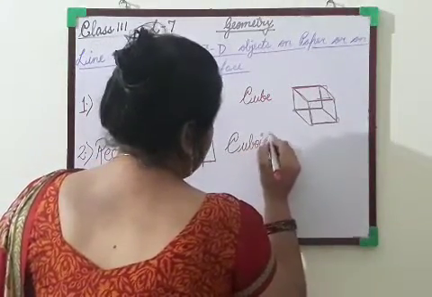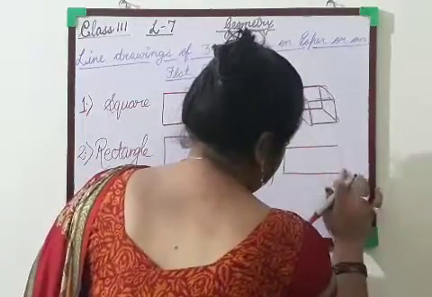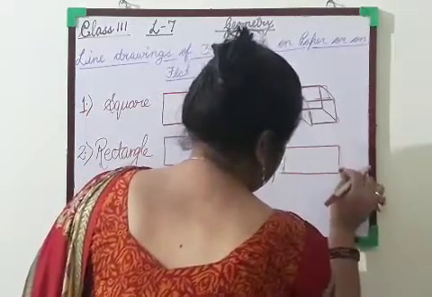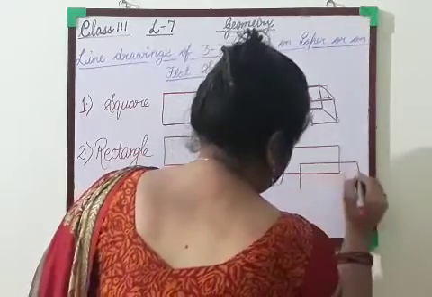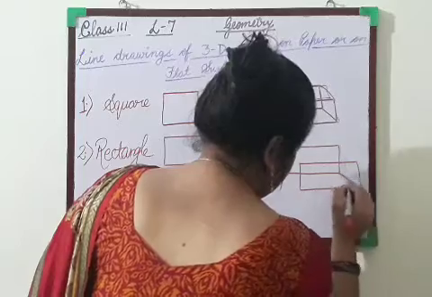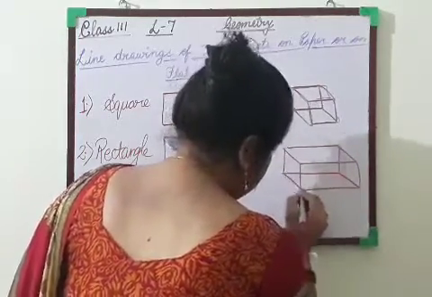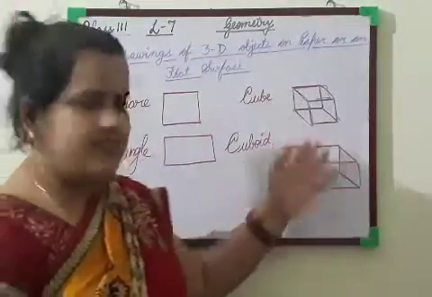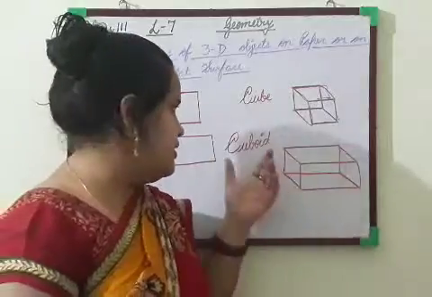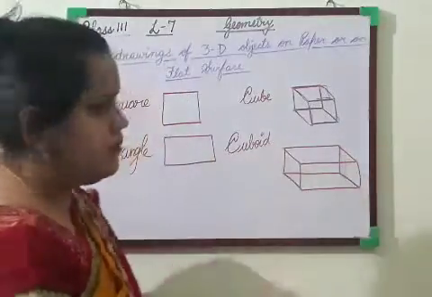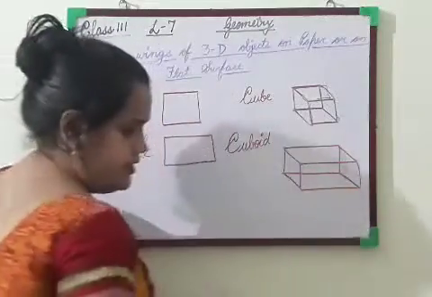It becomes cuboid like this. Okay. Now same, this rectangle, when it has got the height, it becomes a cuboid. Now see, always from wherever you will see, you will find it as a rectangular shape.